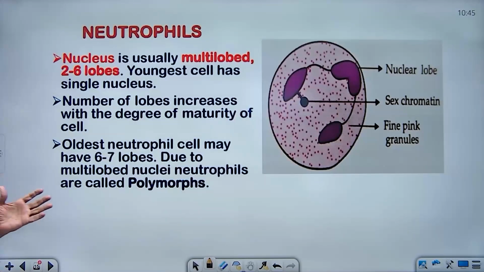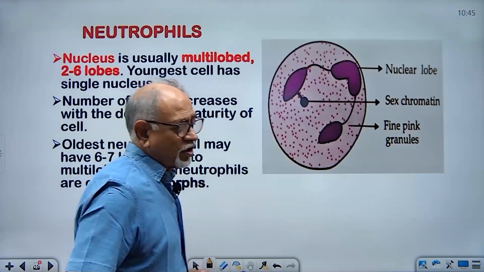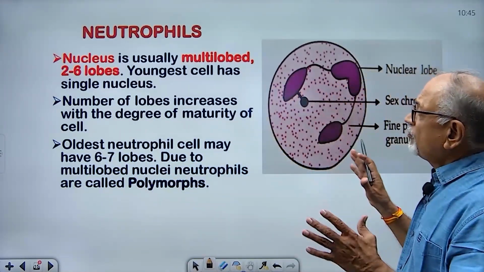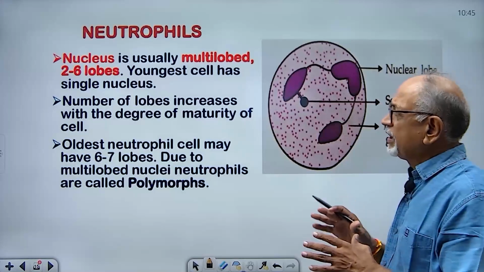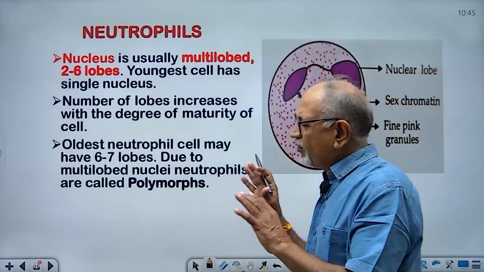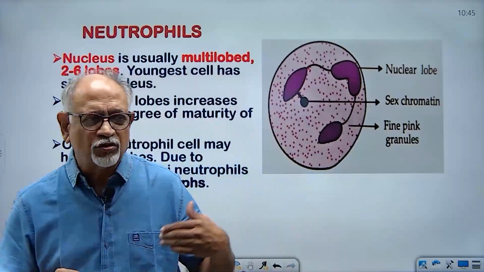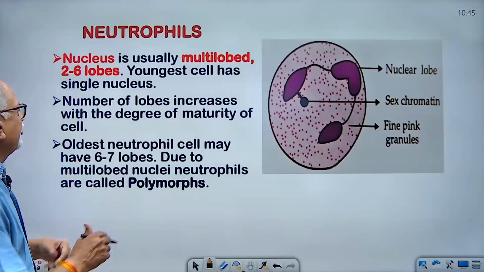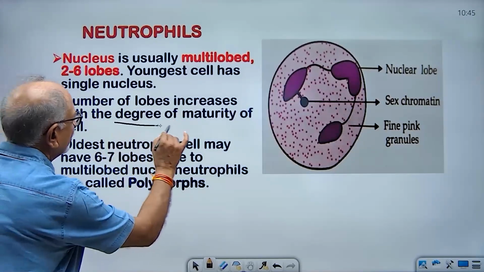Now, here you can see the structure of a neutrophil. The neutrophil usually has a multi-lobed nucleus. The number of lobes varies from 2 to 6. The number of lobes increases with the degree of maturity.